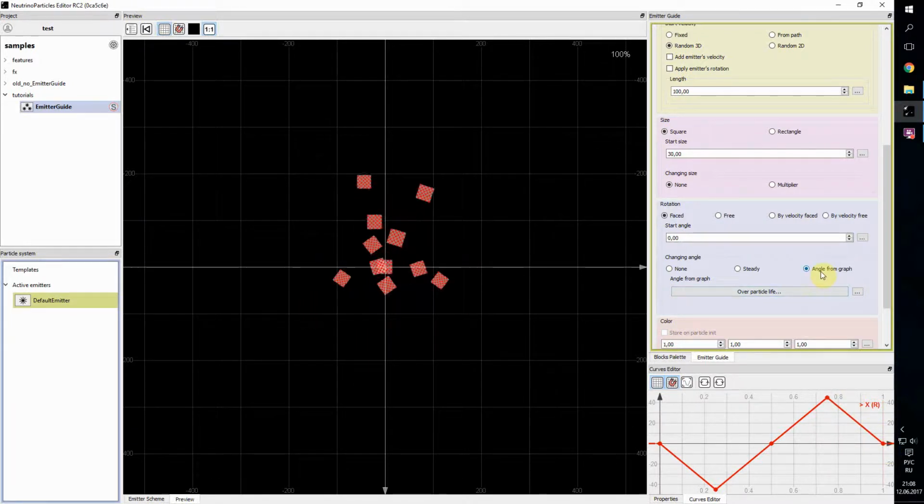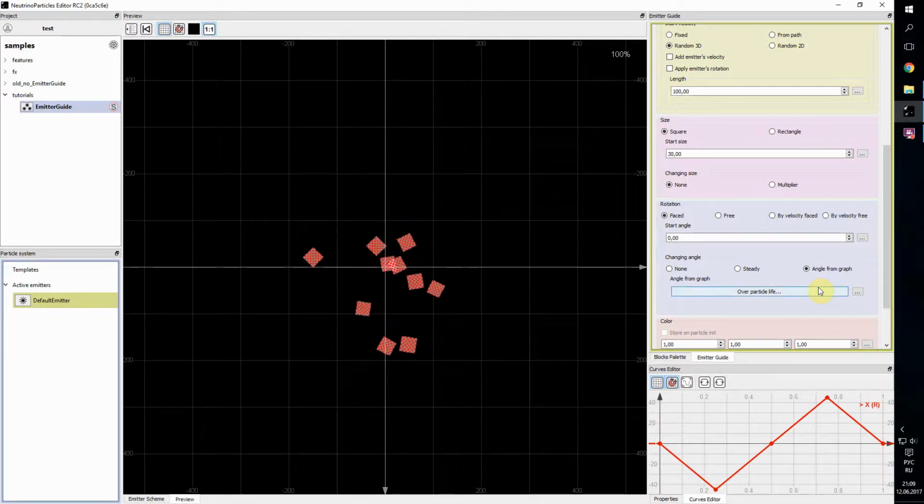By my experience I can say that not many effects use this type of changing angle, because here you have some kind of hard control of that angle.